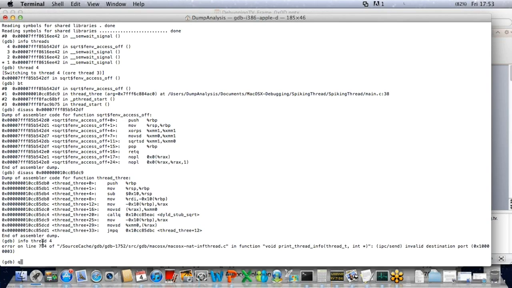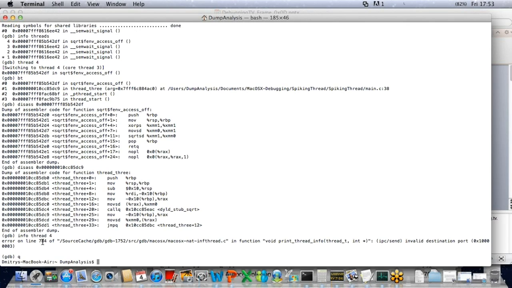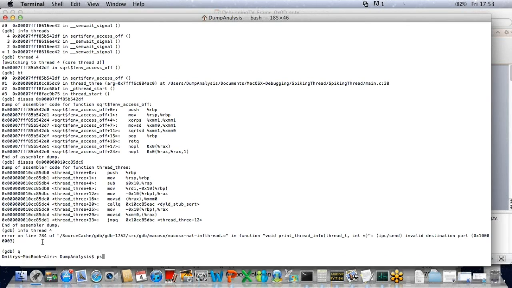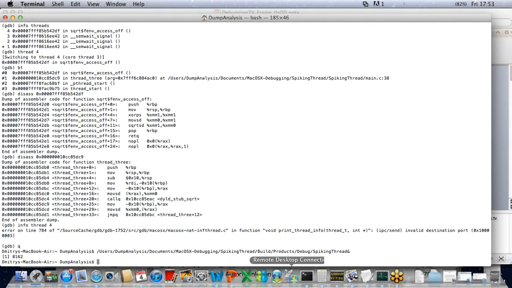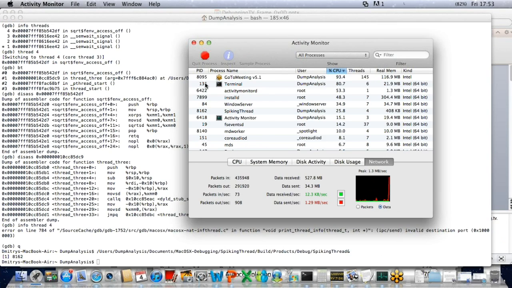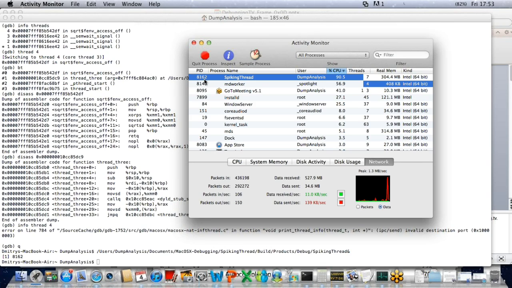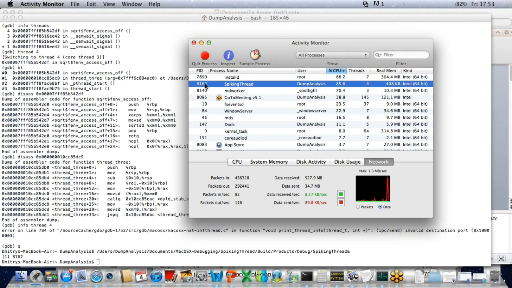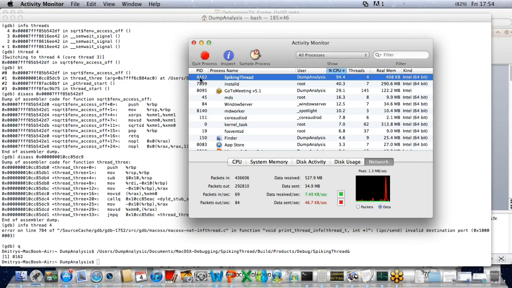So what we do, we quit, and then we relaunch our application again. You see there is another process ID, another spiking thread application.